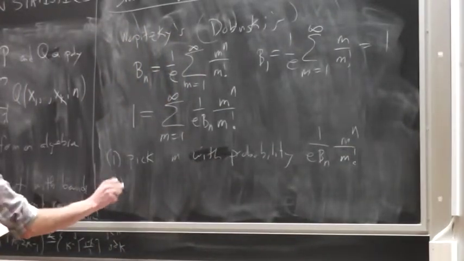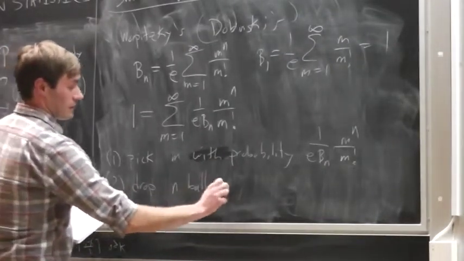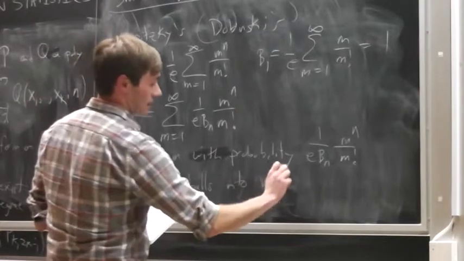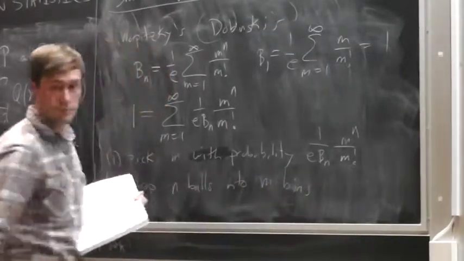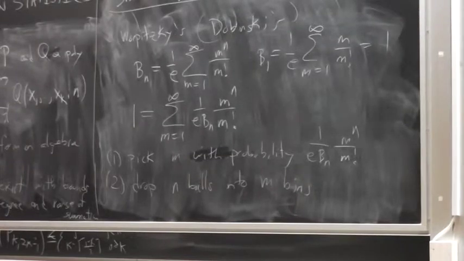The second thing you do is drop n balls into m bins, labeling the balls 1, 2, 3, up to n. That partitions those n objects into some number of blocks, at most m blocks because there are at most m bins. That will generate a set partition uniformly at random from the space of all set partitions.